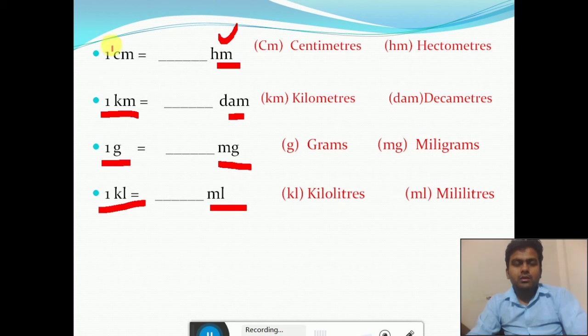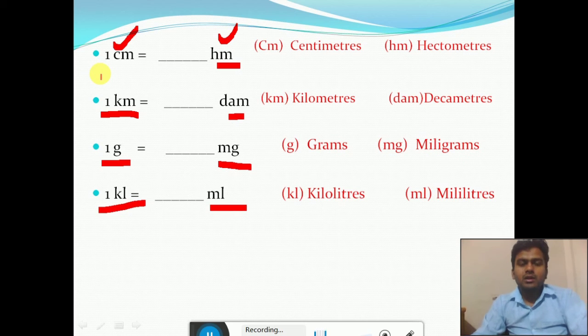So in this video we will find out how much 1 centimeter equals to 1 hm, or 1 kilometer equals to how many dam, and we will also convert one unit into another unit.